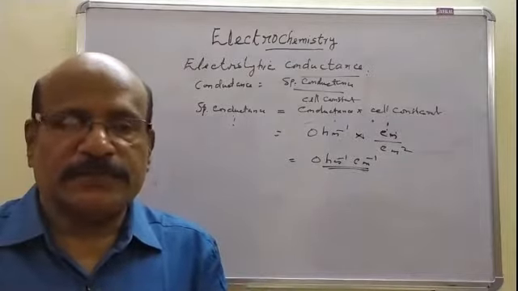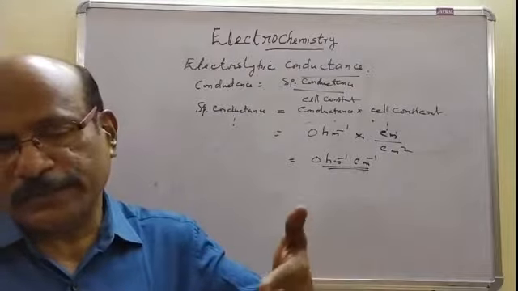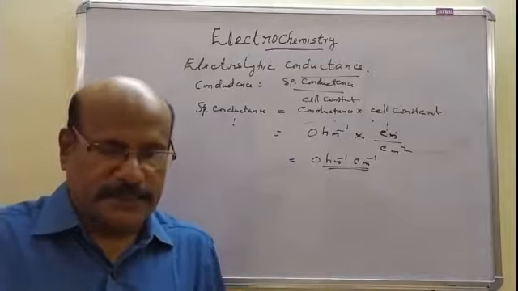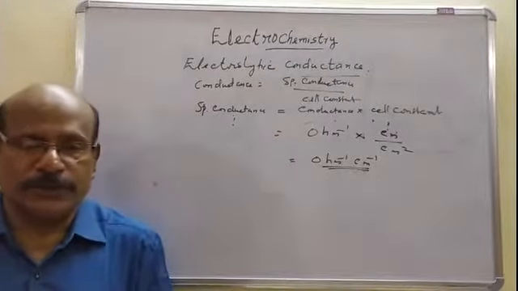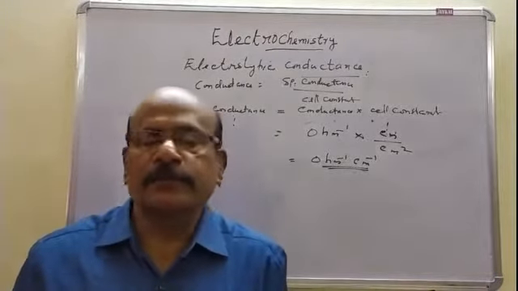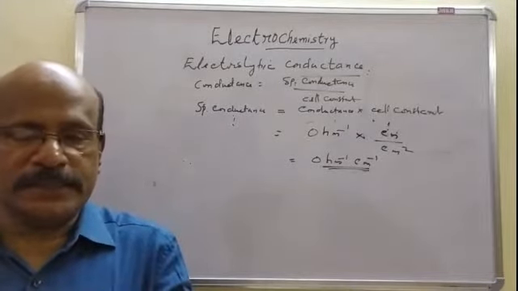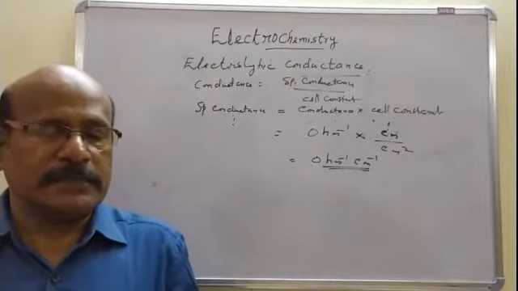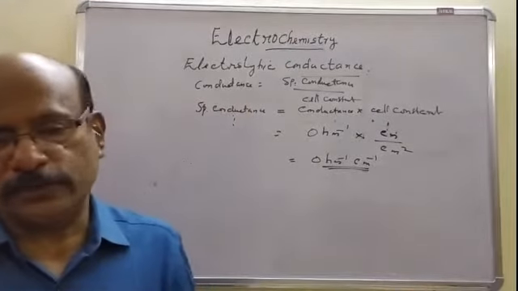Again, since we are dealing with the solution of the electrolyte, usually the aqueous solution of the salt, we should have a conductance term that is connected to the concentration of the solution, because it is convenient to represent the conductance in terms of the concentration. One reason is that we have to express the conductance of the solution at different concentrations, and second is that as the current passes, there occurs a definite change in the concentration of the solution due to the electrolysis.